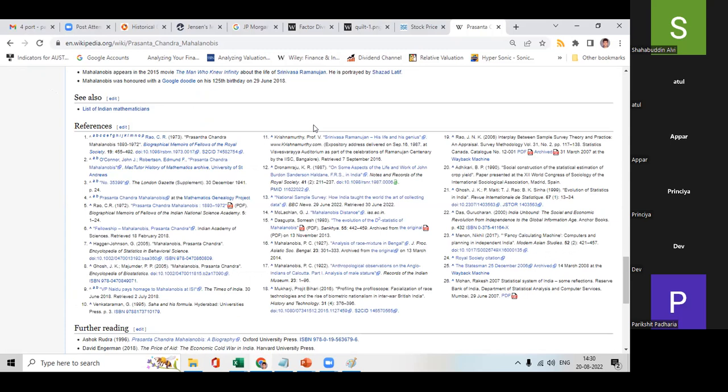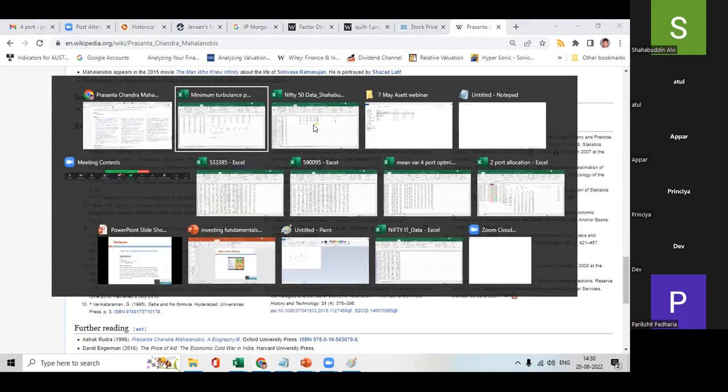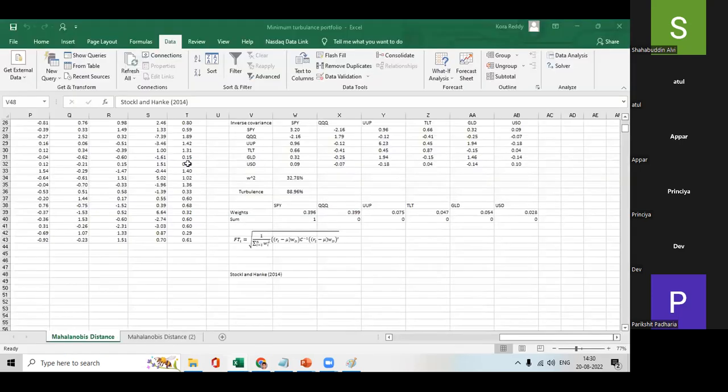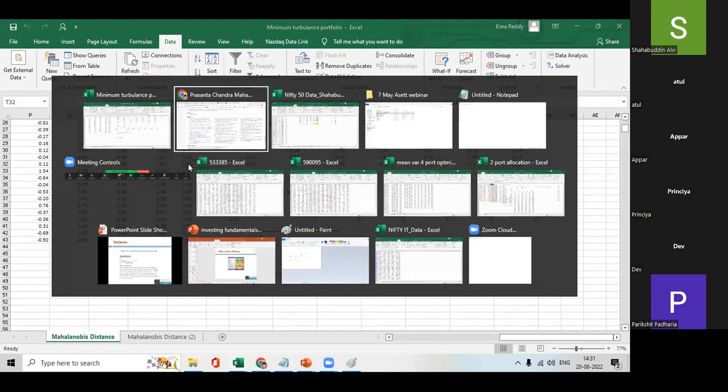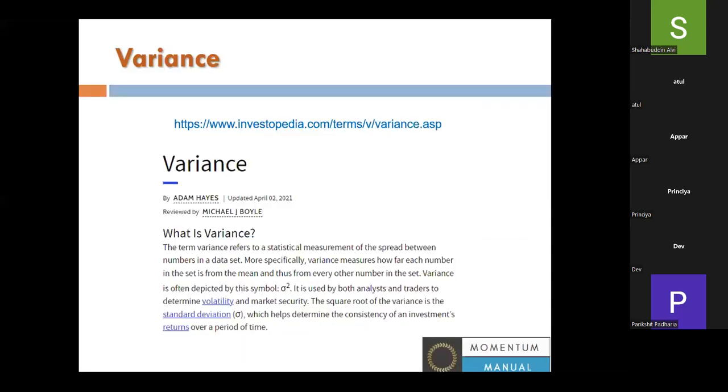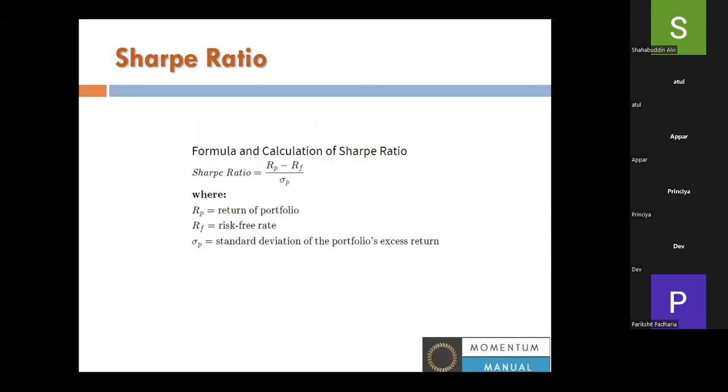If you don't refer to where you got this idea, and by chance you have made a mistake in this particular calculation, there's no way you could know it, right? That's about it. So these are the various asset allocation models. These are some of the definitions.